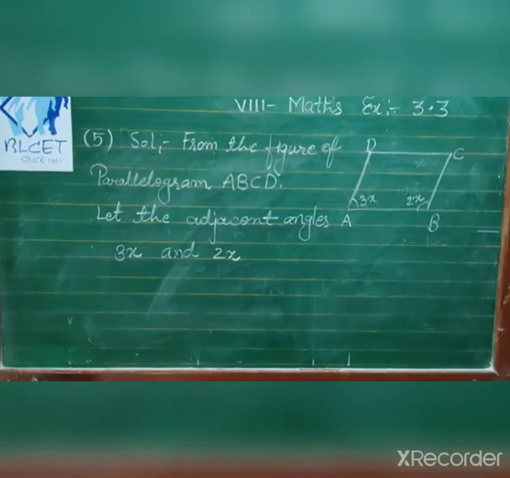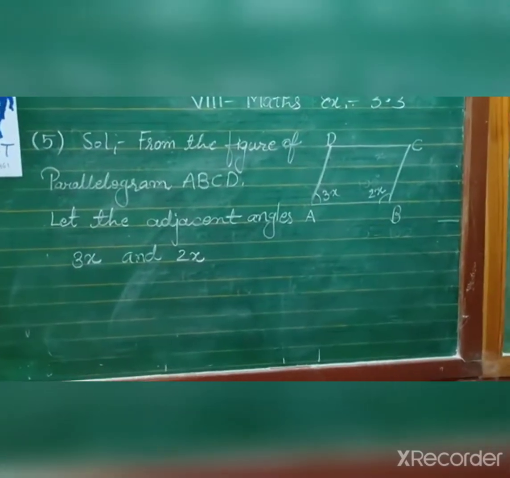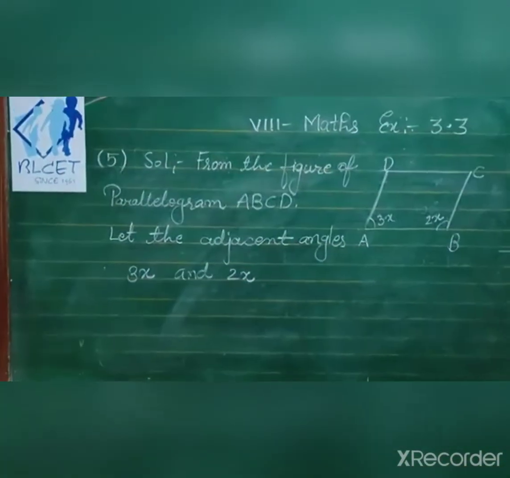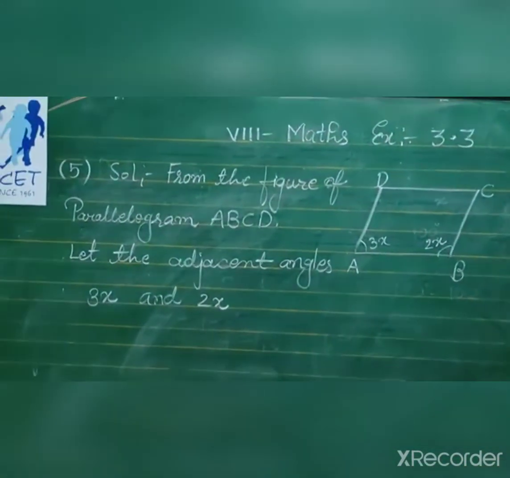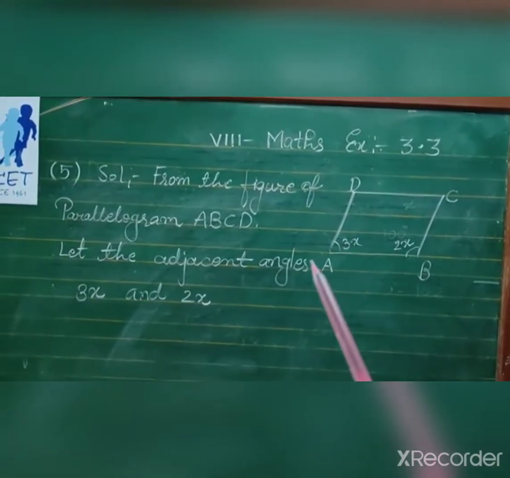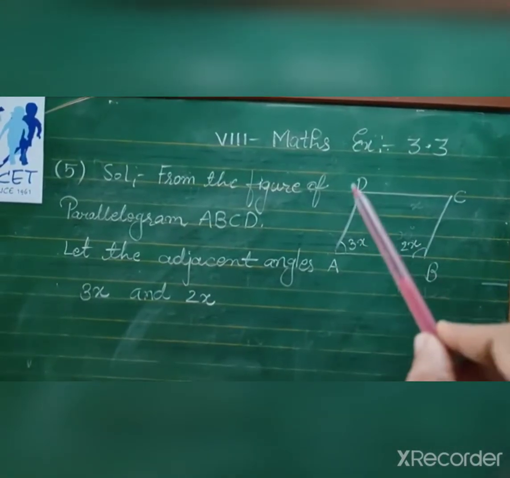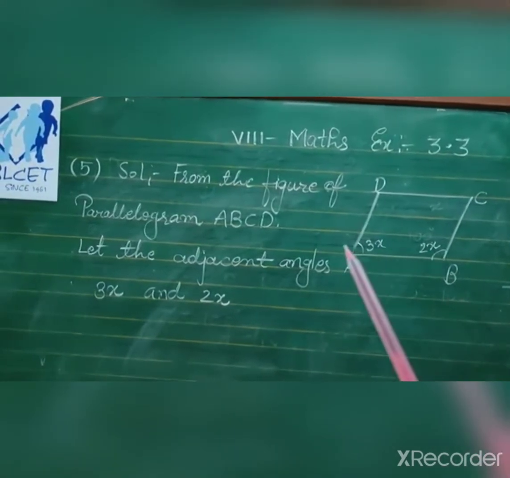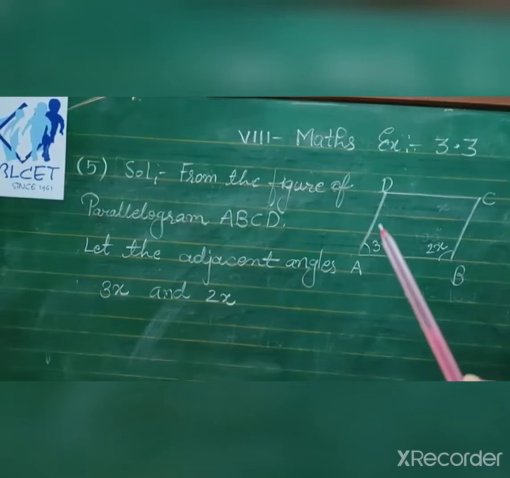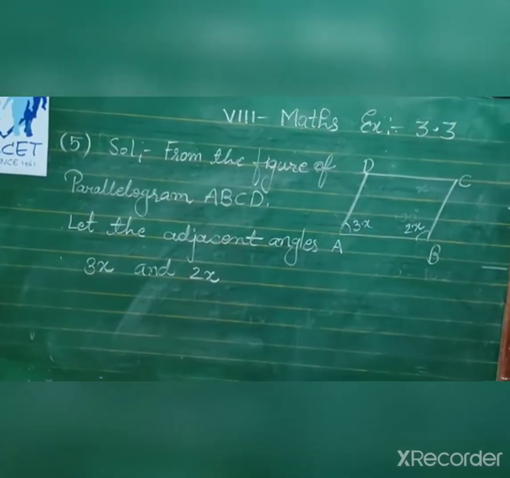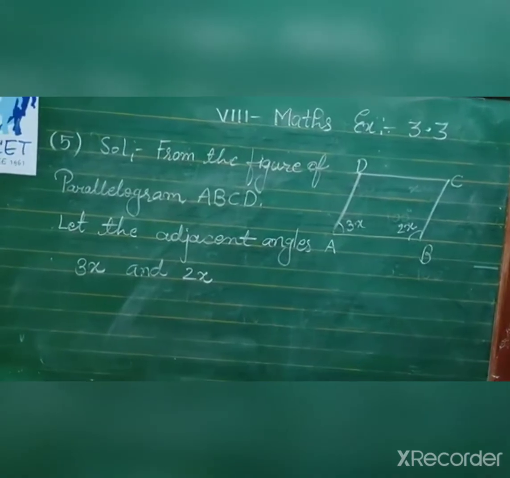Okay. Now in the fifth question, the ratio of two adjacent angles is given. So first we will draw the figure. So figure is A, B, C, D, and adjacent means on the same side they are forming. So we know that the sum of adjacent angles is always 180 degree.